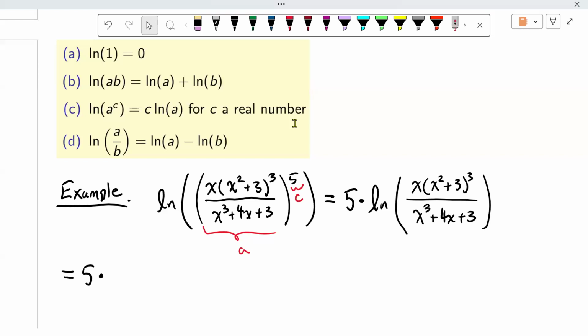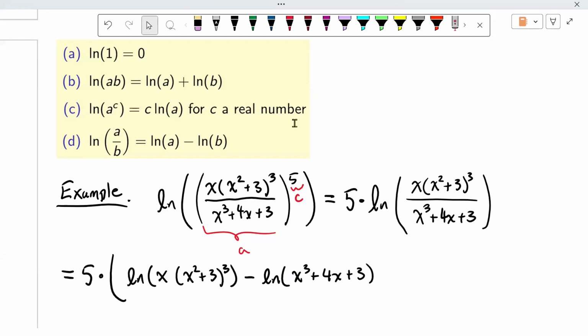So this tells me that this is the same as natural log of my numerator minus natural log of my denominator. So this was using law C. This is using law D.